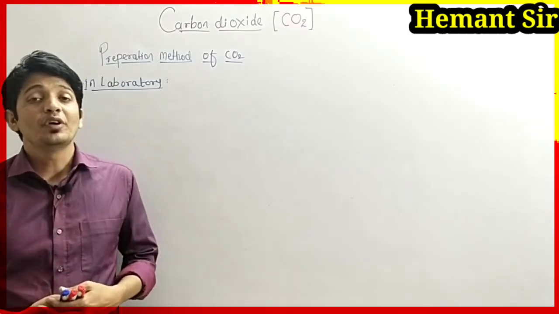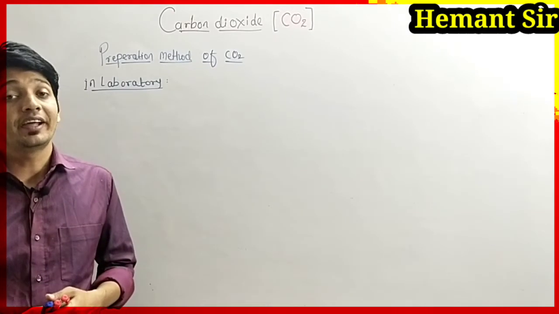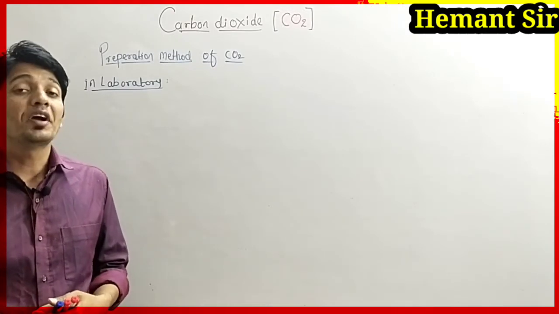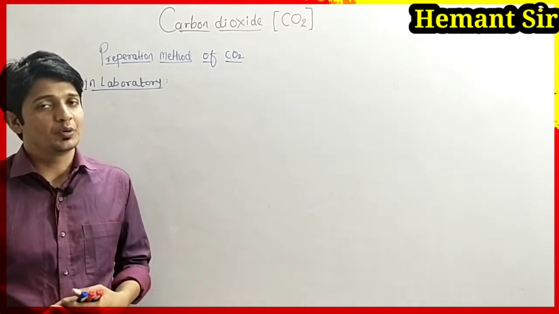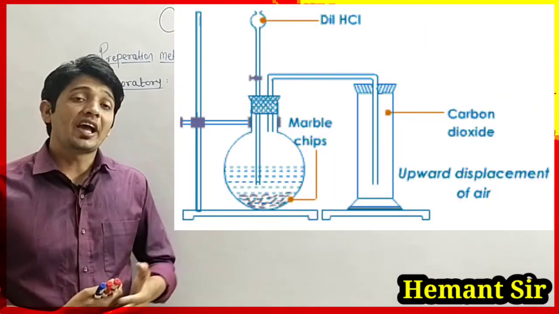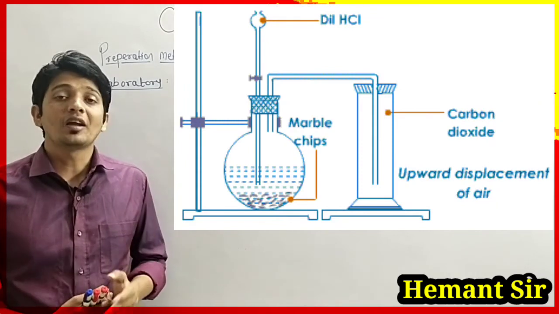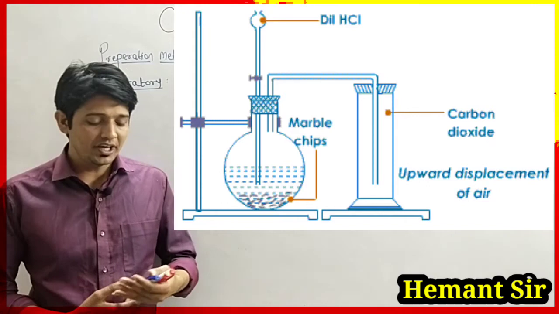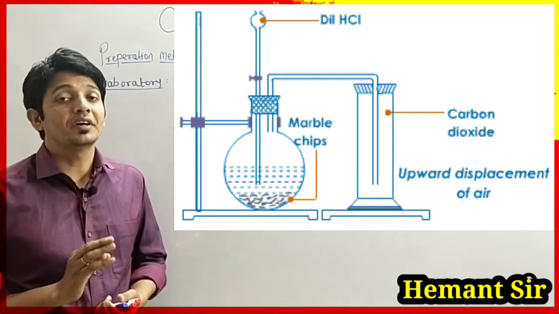So students, now we are going to understand the preparation method of carbon dioxide in the laboratory. How are we going to prepare carbon dioxide gas in the laboratory? This is the diagram where you can see how carbon dioxide is produced. We have to understand it first with the help of a chemical reaction.